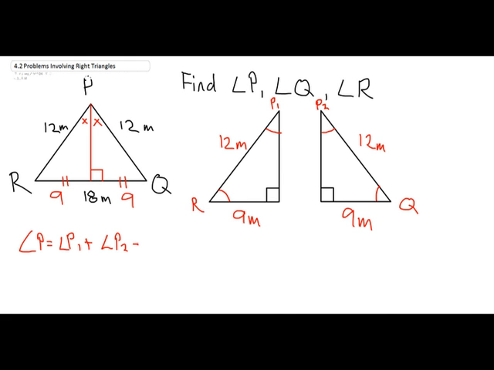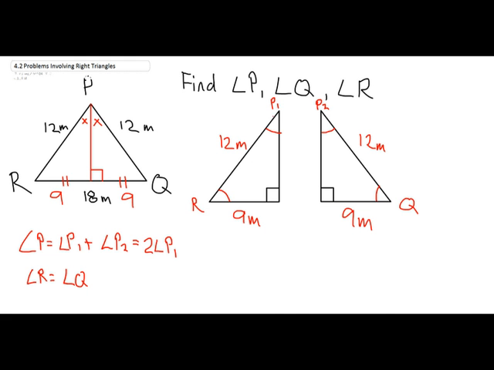So really, all we have to do is solve one of these triangles, because angle P1 is equal to angle P2, so this is the same as 2 times the angle of P1. And similarly, because this is an isosceles triangle, angle R is equal to angle Q. So we've simplified our problem quite a bit.